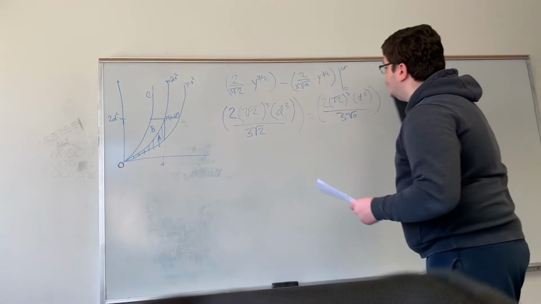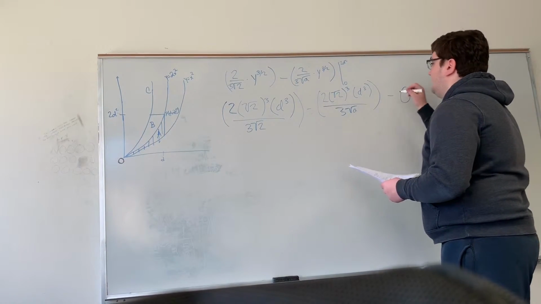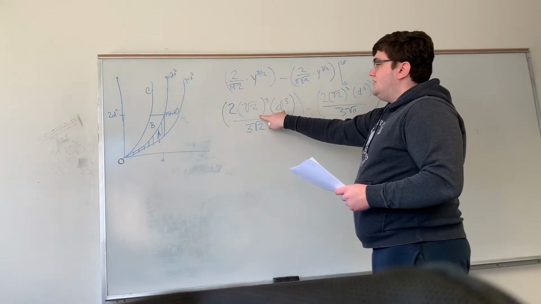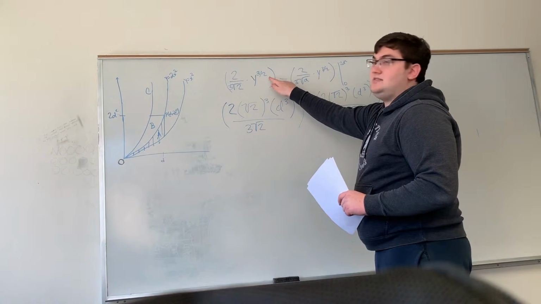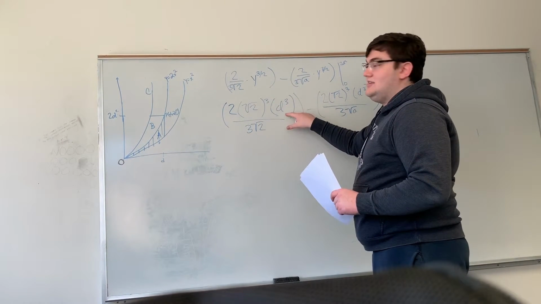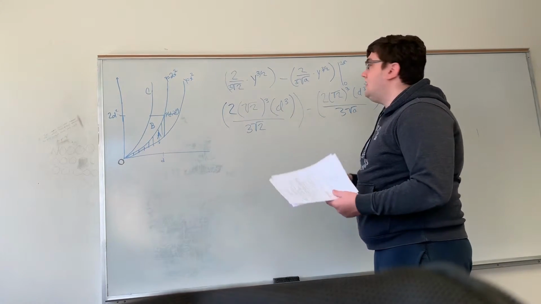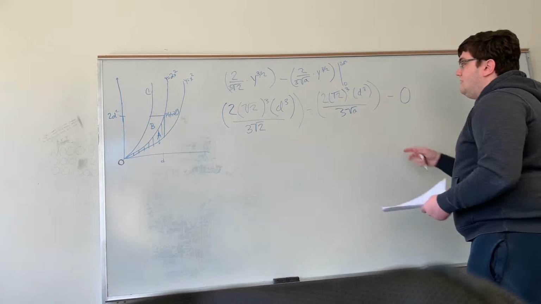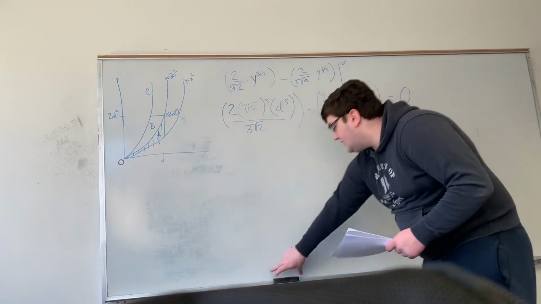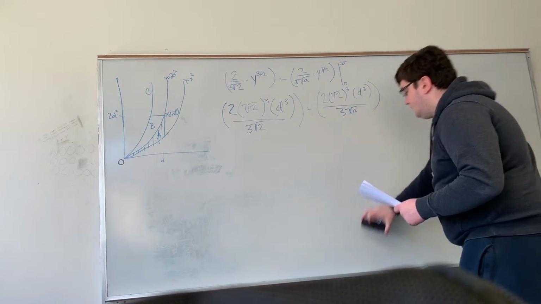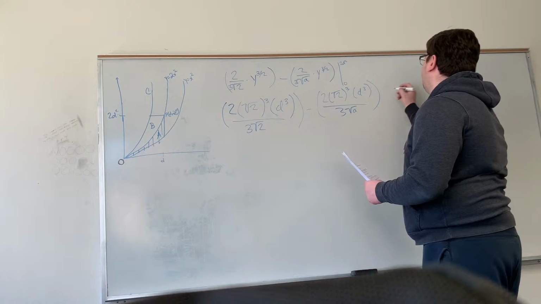And once we plug in 0 for all that, we get 0, so minus 0. Now the reason I split these up is because the 3/2 power gets distributed to both the 2 and the d, and separating them like this makes it easier to evaluate later on in the problem. So now we have the area of region B is equal to all of this.